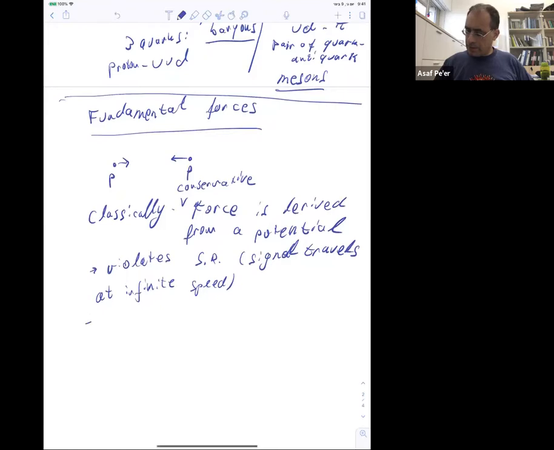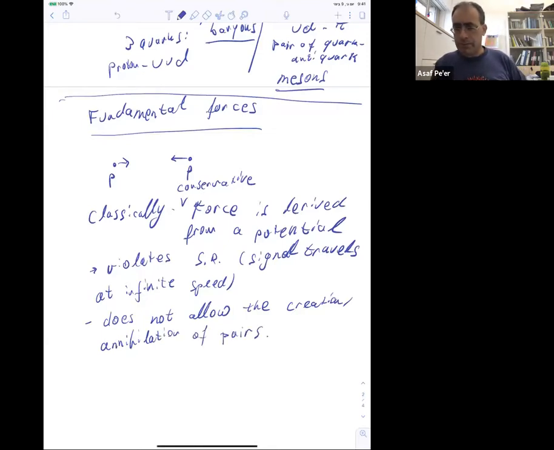And does not allow the creation or annihilation of pairs, which we do see. This is something which is seen in the labs quite often.